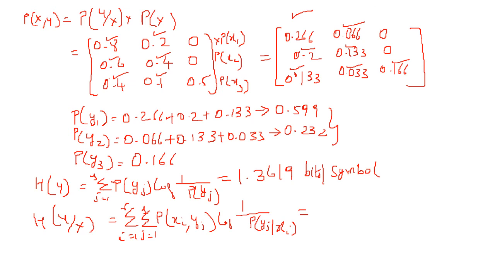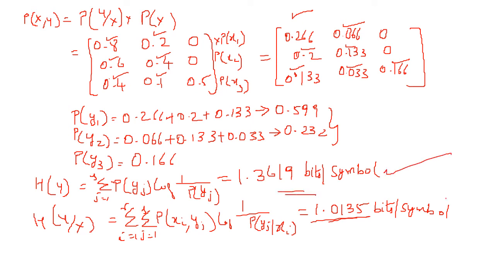Substituting accordingly, you get H of Y by X as 1.0135 bits per symbol.